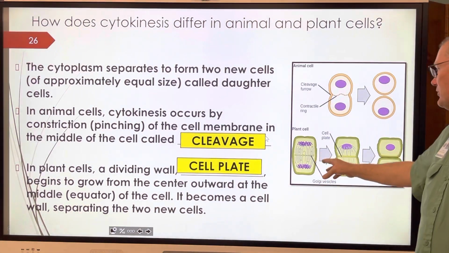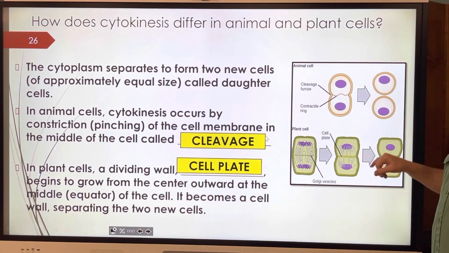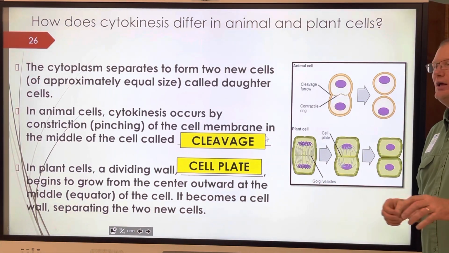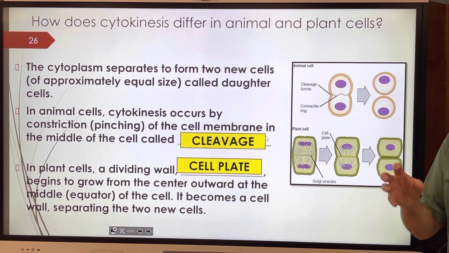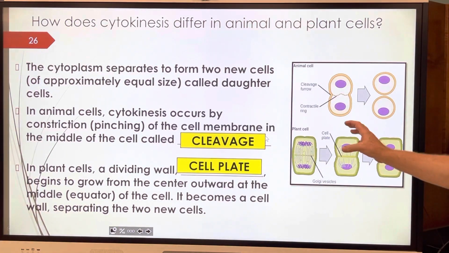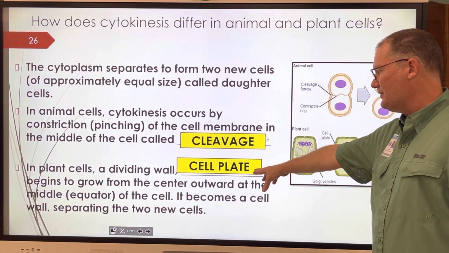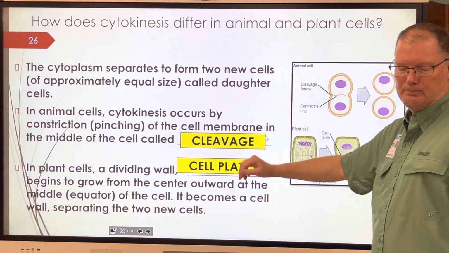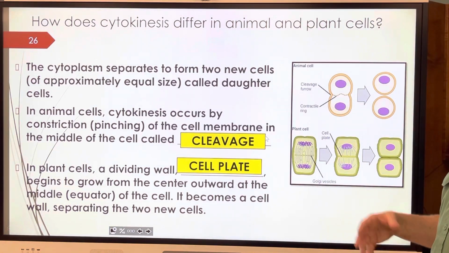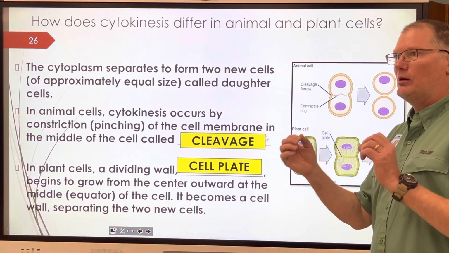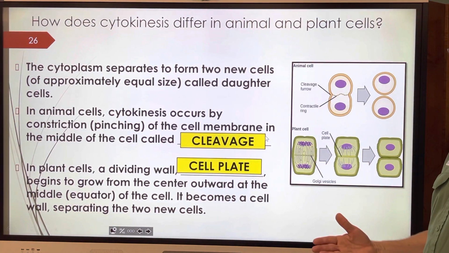But in plant cells, this cell plate forms the new cell wall, and that's what helps separate the 2 plant cells during cytokinesis. That's why it's different. The only difference between animals and plants is that cell plate. You may need to know that on a multiple choice question: what is the difference between animal and plant cell cytokinesis? You'll have to choose cell plate.